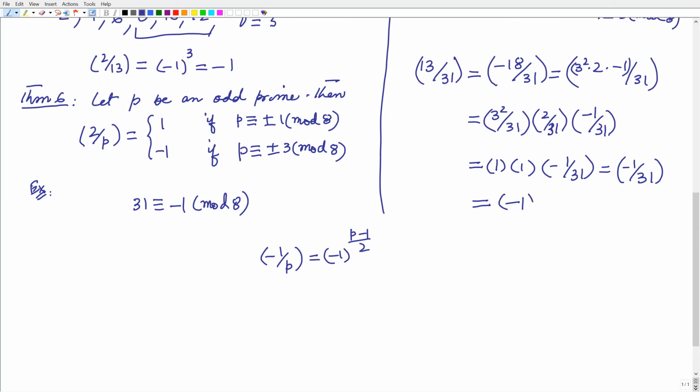Or you can write the formula as minus 1 to the power 31 minus 1 over 2, and this is equal to minus 1.